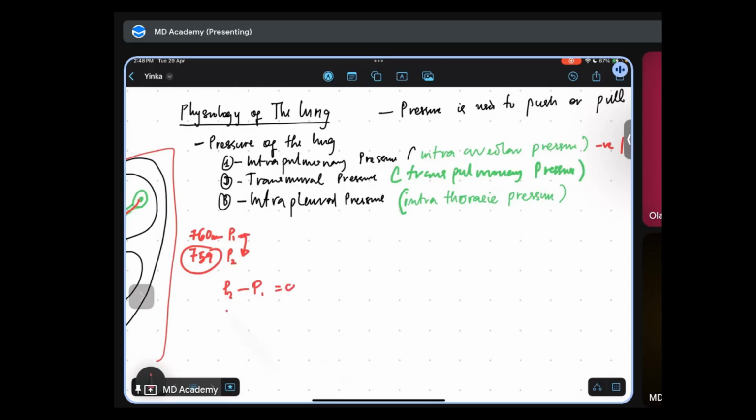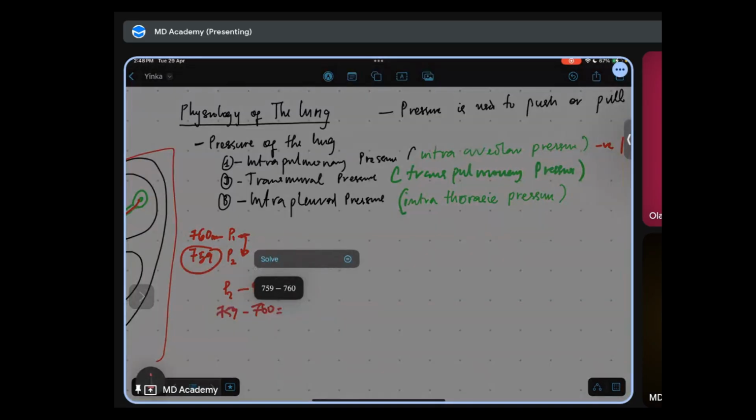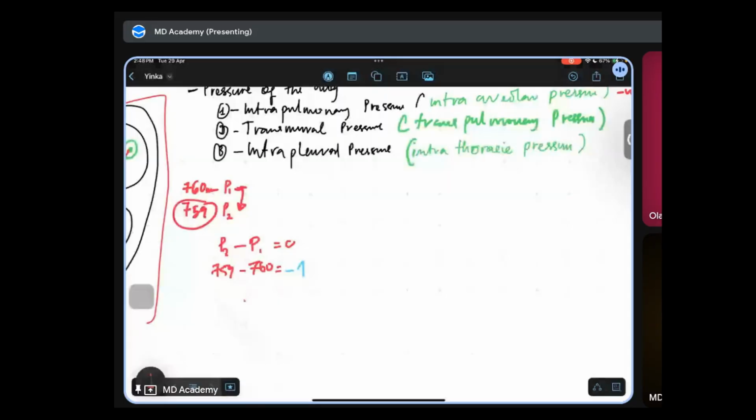When it's 0, the two are the same. But when P2 is 759, 1 unit short of the atmospheric pressure, what would you see? The value will be -1. And this is to indicate that the pressure in the lungs is lower than the atmospheric pressure.